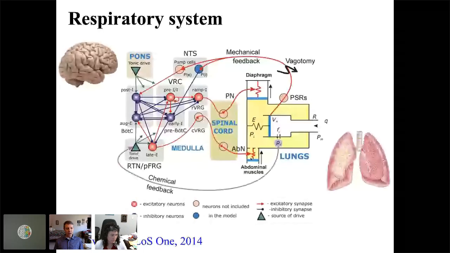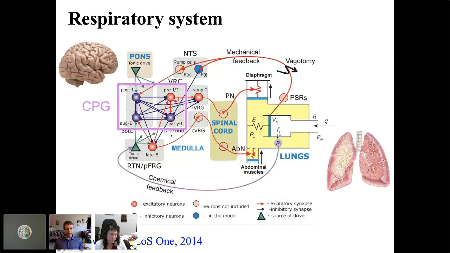So in this talk, I'm going to be focusing on two aspects of the neural component of the respiratory system. One, which will be in the second part of the talk, will be these interacting populations of neurons that are responsible for the full respiratory rhythm.